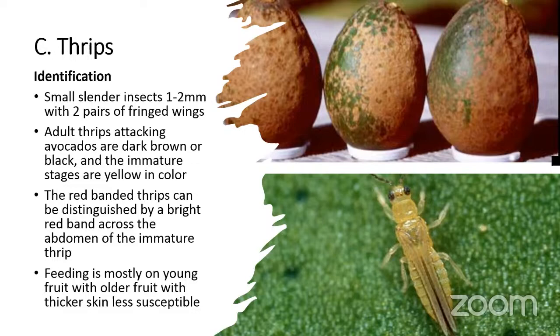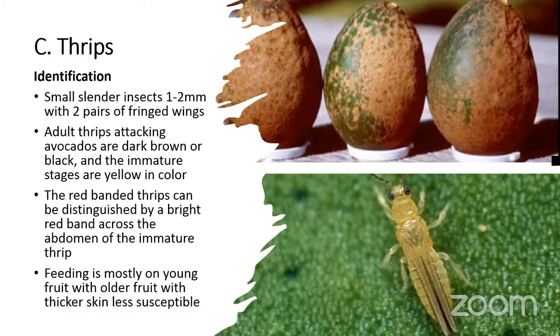Then the red-banded thrip can be distinguished by a bright red band across the abdomen of the immature thrip. So when you look at the abdomen for the red-banded thrips, you see a red band across the abdomen.